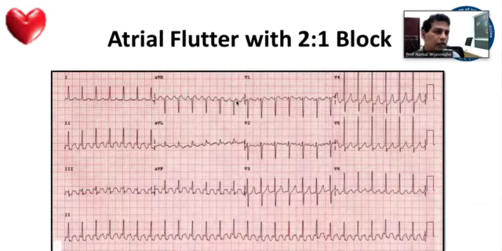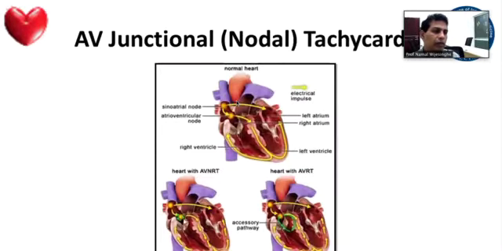Now junctional tachycardia or AV nodal tachycardia: what actually happens is there is a slow pathway and a fast pathway in the AV node or adjacent to the AV node, like in these pictures. So the atrial impulses transmit to the ventricles via both the fast pathway and the slow pathway.